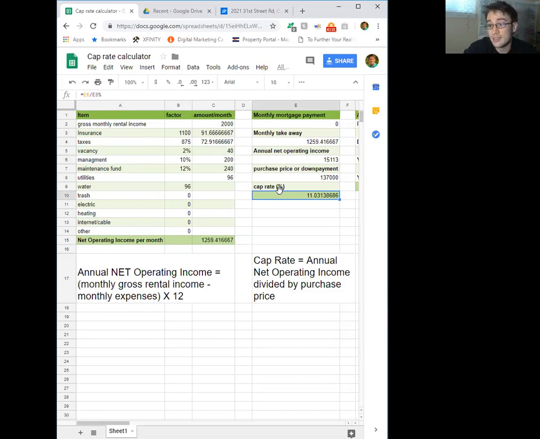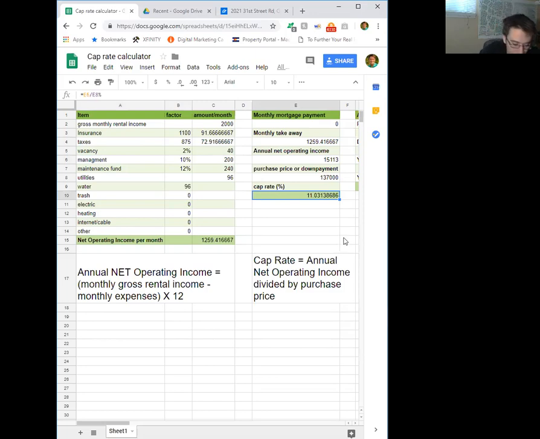So 11% is a relatively high cap rate. It might indicate a risky investment, but it also might indicate that it's potentially a good investment as well. Those are some other things you have to look into for yourself.